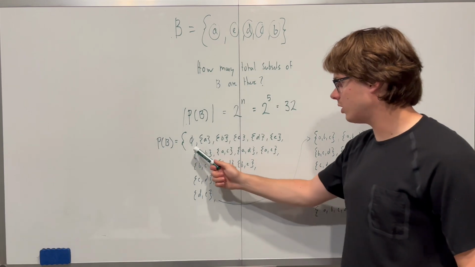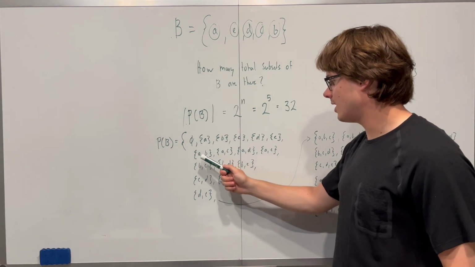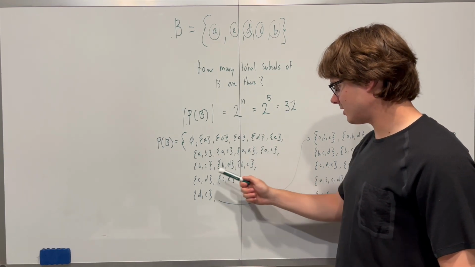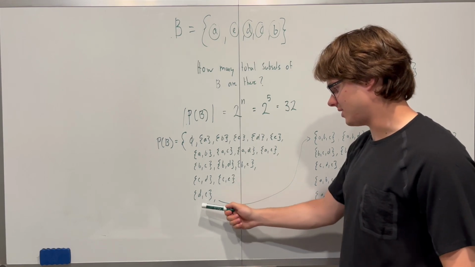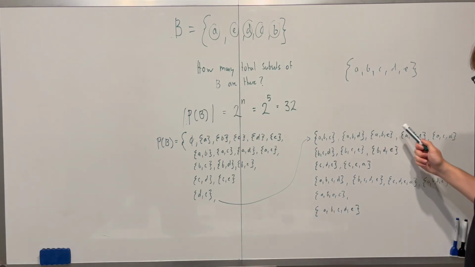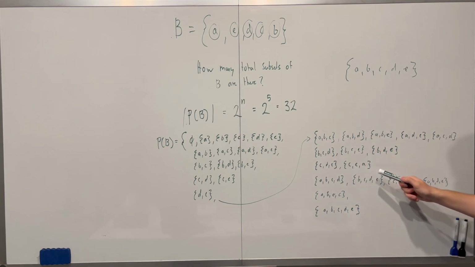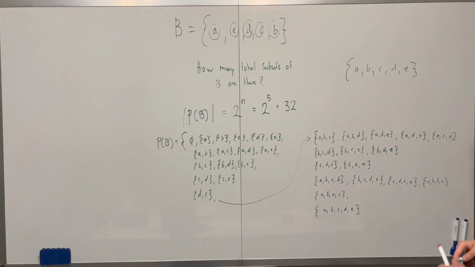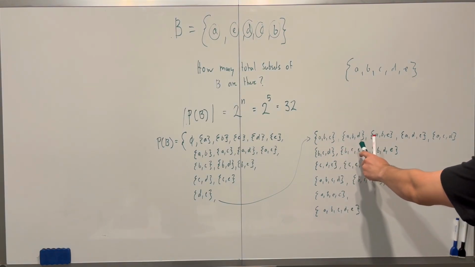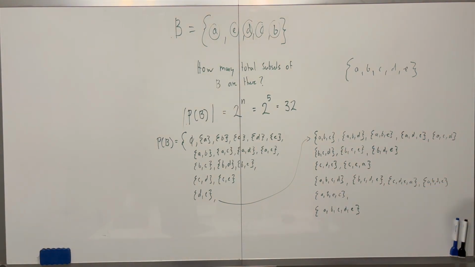So let's count them. 1, 2, 3, 4, 5, 6, 7, 8, 9, 10, 11, 12, 13, 14, 15, 16, 17, 18, 19, 20, 21, 22, 23, 24, 25, 26, 27, 28, 29, 30, 31, 32. Okay. And I don't think I repeated any of them. If I might have repeated one somewhere and wrote it down twice, it wasn't on purpose.